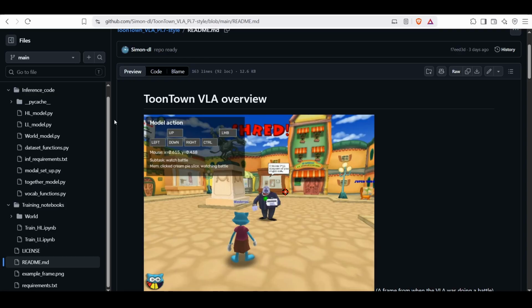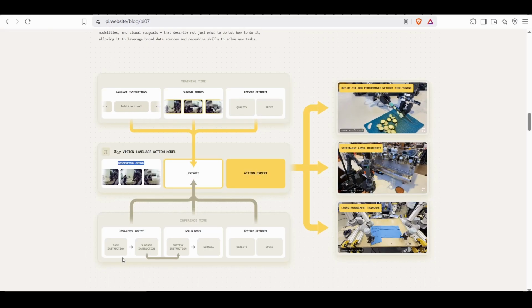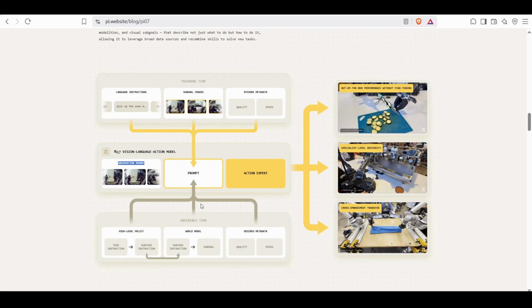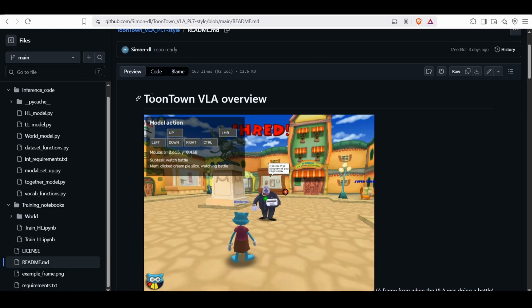So hopefully you understand what this project is. It's a vision language action model inspired by the Physical Intelligence team's vision language action model, using all of their components, but at a lower scale, and sometimes not exactly their components, but spiritually it's all there, at least to me.